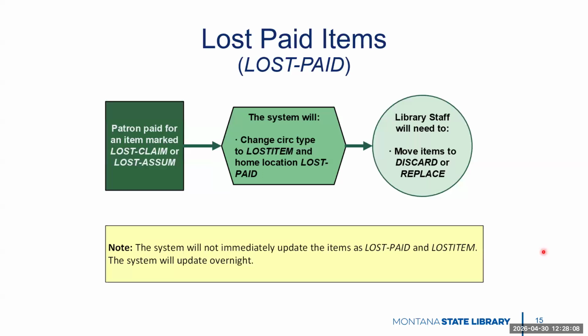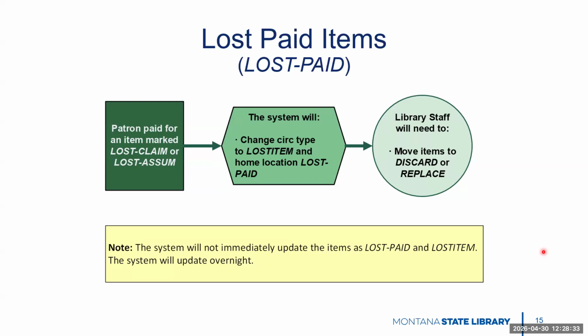Okay. Now, what happens to items that are lost paid? After it moves through lost claim or lost or assumed lost, and it's in that lost paid status, the system's going to change it to the circulation type of lost item and the home location of lost paid.